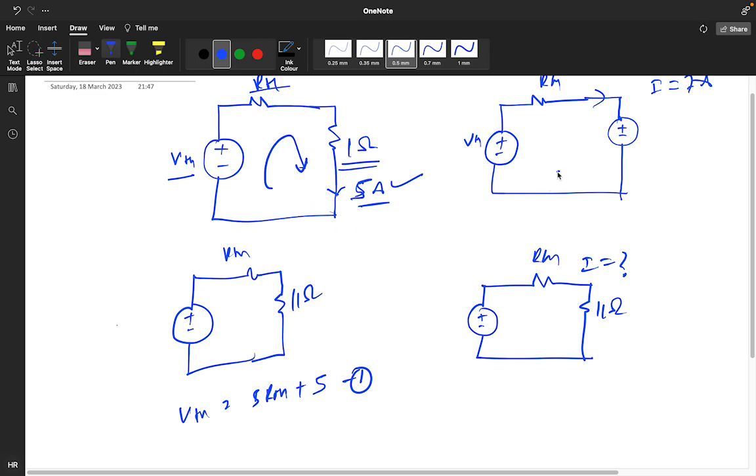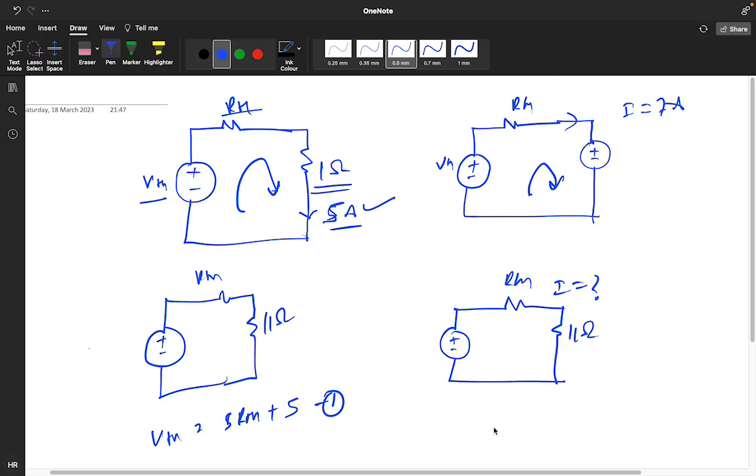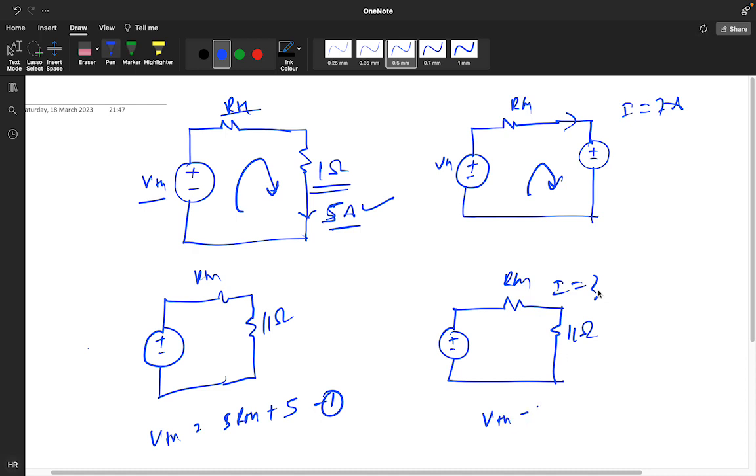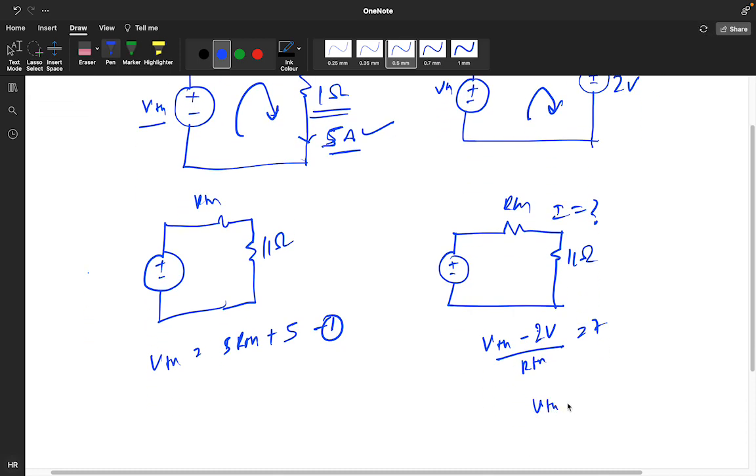Form another equation: VTH minus 2 volt divided by RTH is equal to 7 ampere. So VTH minus 7 RTH is equal to 2 volt.